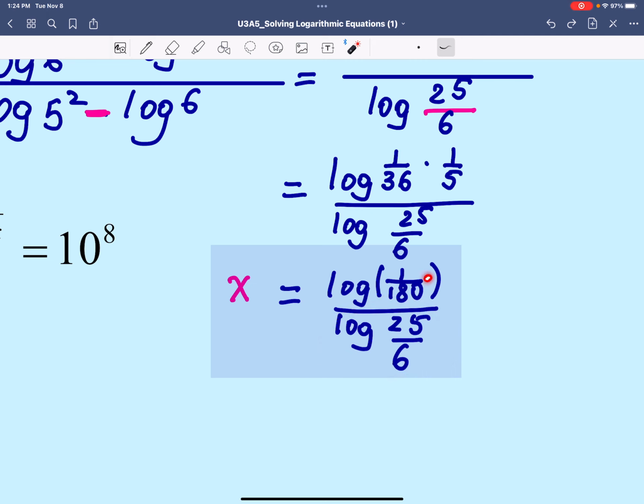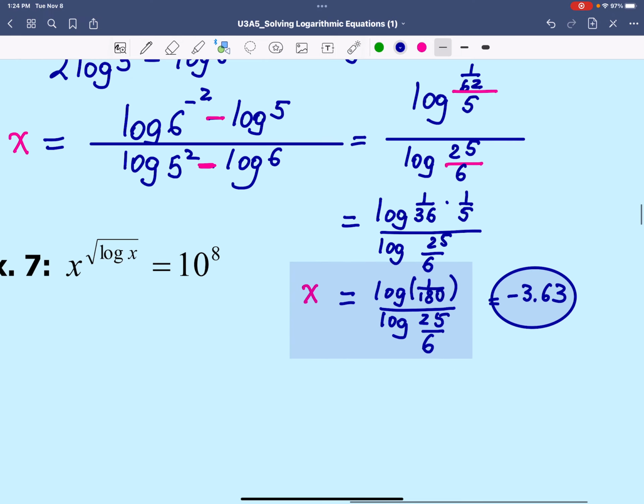So you would actually make this expression different. Anyway, so here we go. We have log of 1 over 180 and then divide that by log of 25 over 6, and that gives negative 3.63. And that would be the approximate answer.